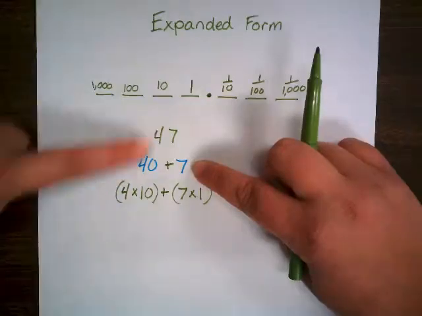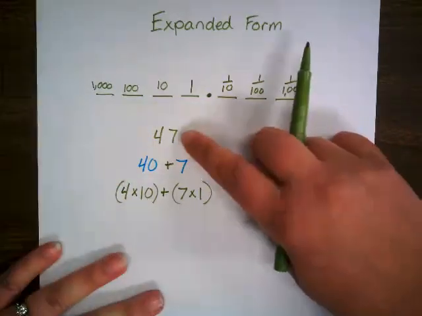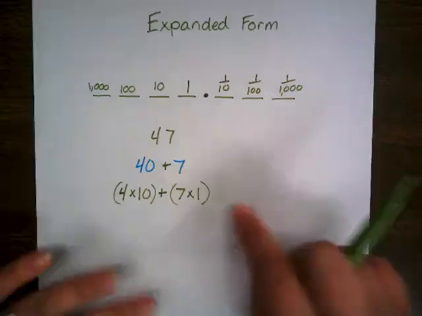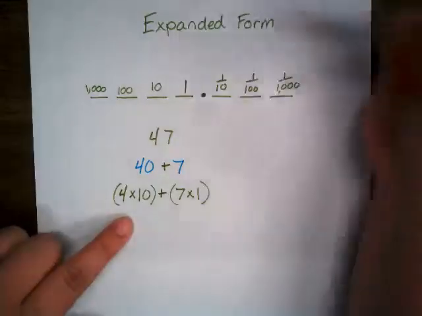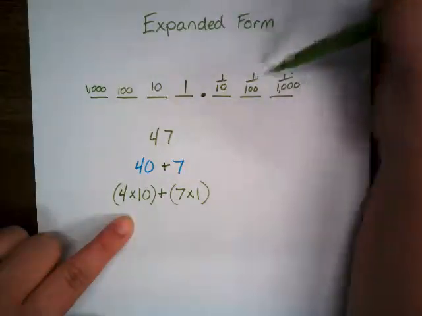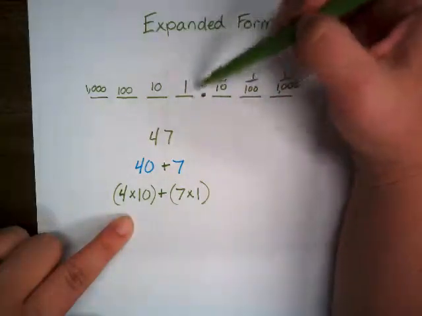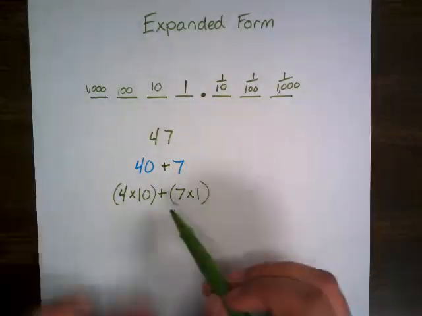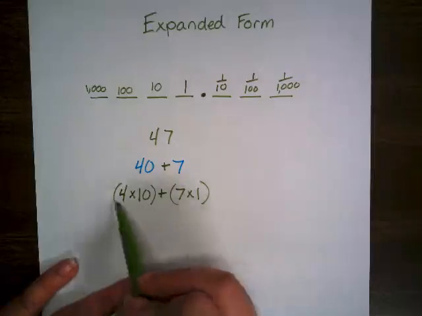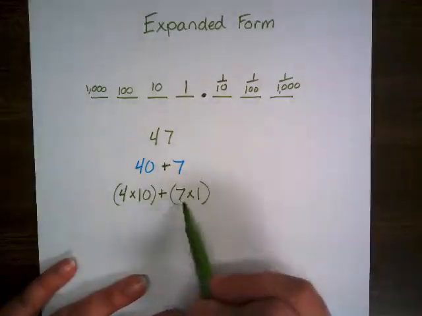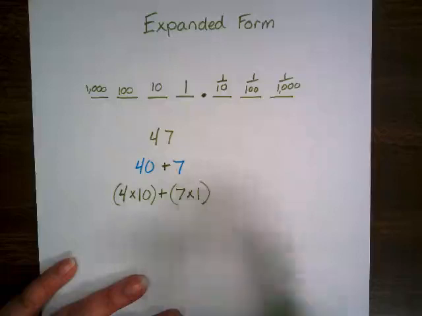These are the values. The 4 is actually worth 40, and the 7 is actually worth 7. And then we expanded them further to indicate how they lie on our number line when we're comparing them to the ones place. So 4 groups of 10, 4 times 10, plus 7 groups of 1, 7 times 1.